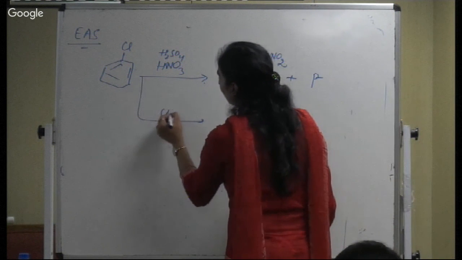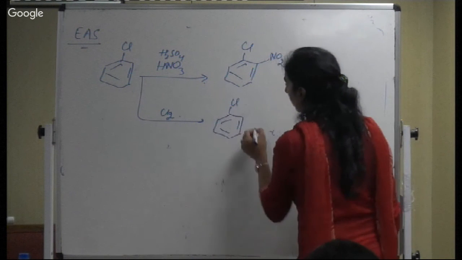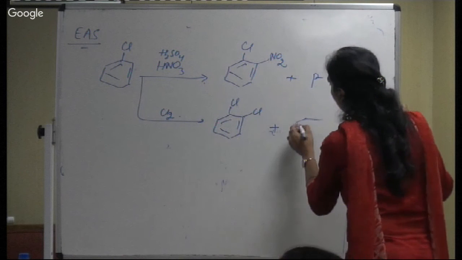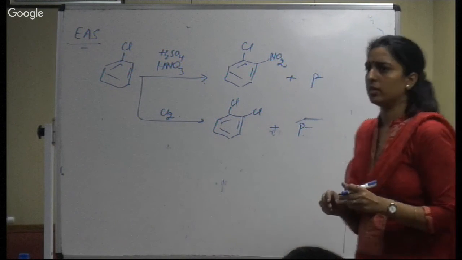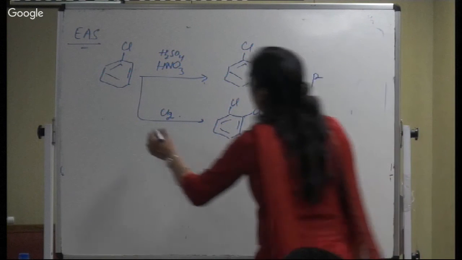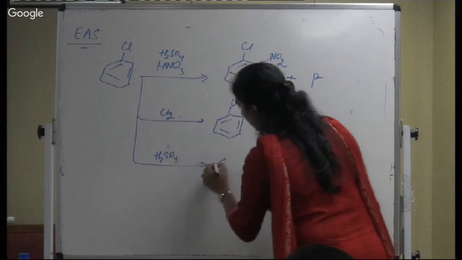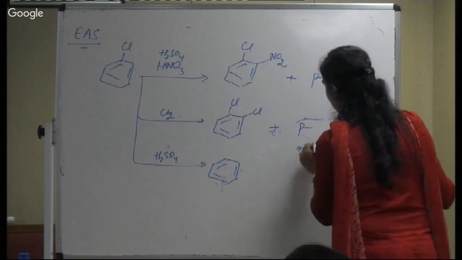Chlorination. Ortho dichloro and para. Both have different melting points, they can be separated easily. They have different properties also. Sulfonation. So ortho sulfonic acid. Remember the para product is major.